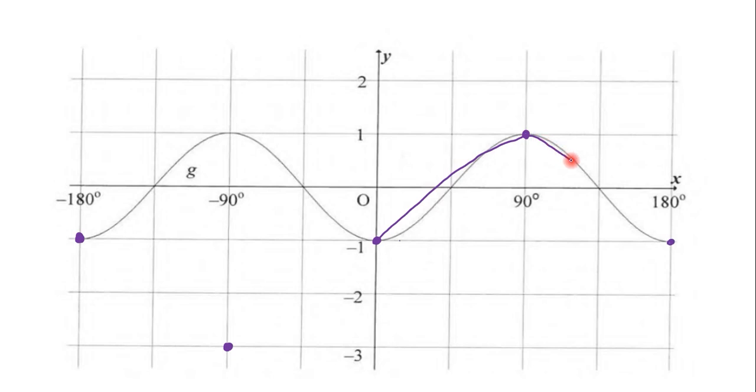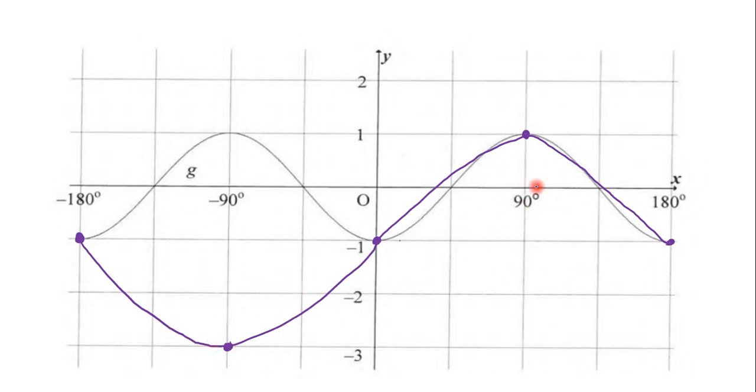And then like so, right? And then from there to go like so. And then like so. So now here, just try by all means to sketch it.